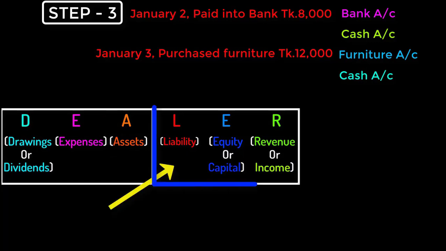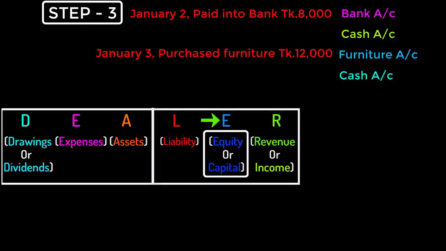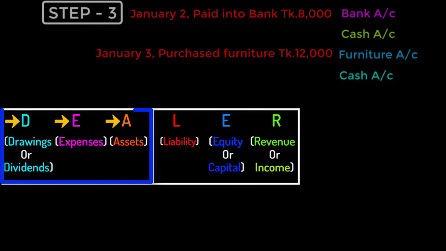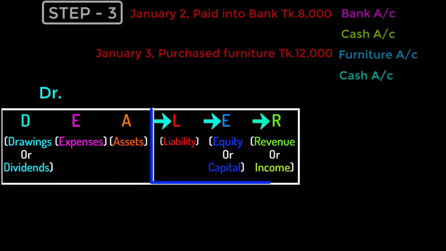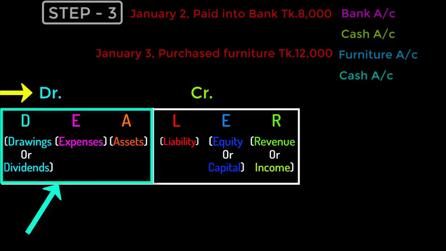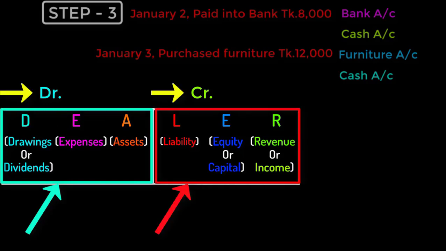And here in this group, L stands for liability, E stands for equity, which means capital, and R stands for revenue, which means income. These 3 are debit items and these 3 are credit items. Why these 3 are debit items or why these 3 are credit items? Actually, there is no logical explanation behind that. It is just a rule.